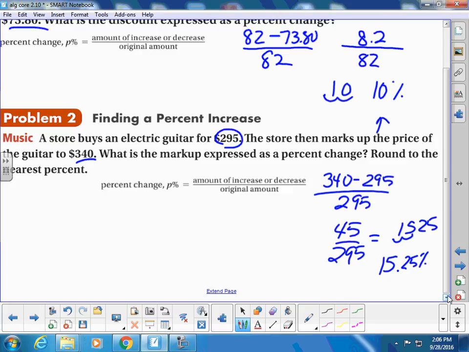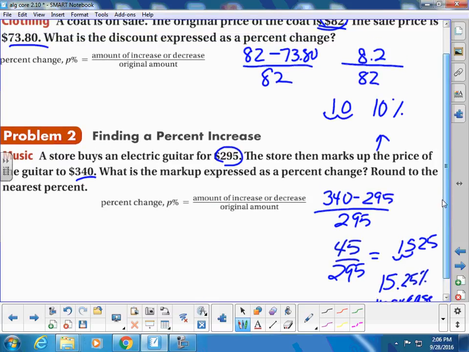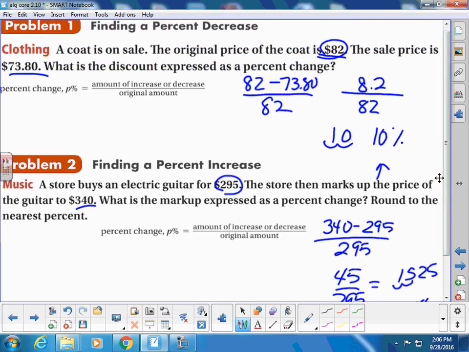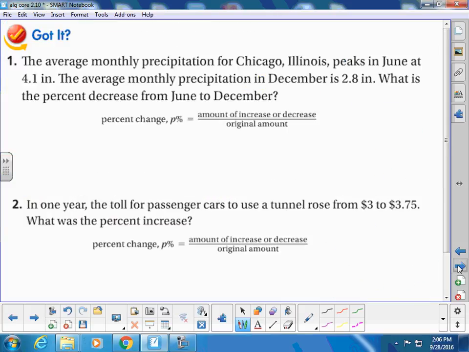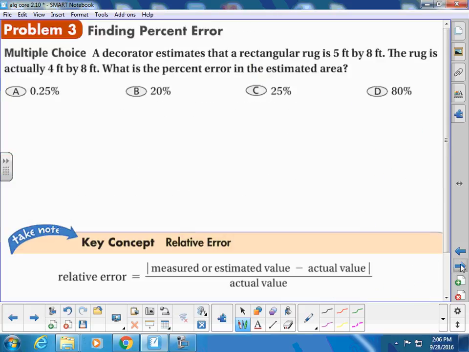It's an increase, so 15.25% increase. The last one was a decrease, I believe. Yeah, it was on sale, so it's a 10% decrease. All right, so you guys try these two and we'll check them.